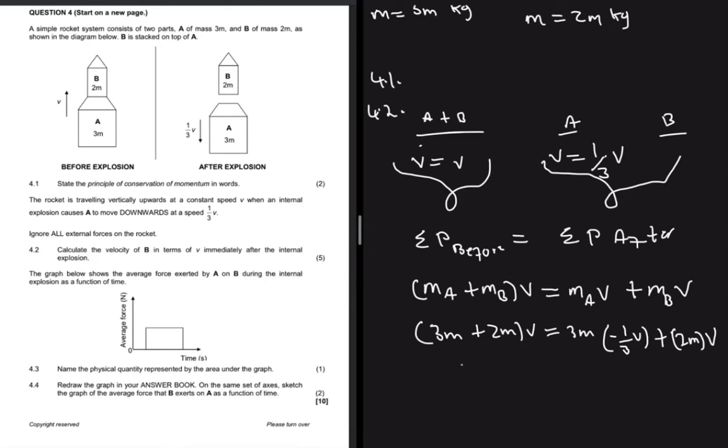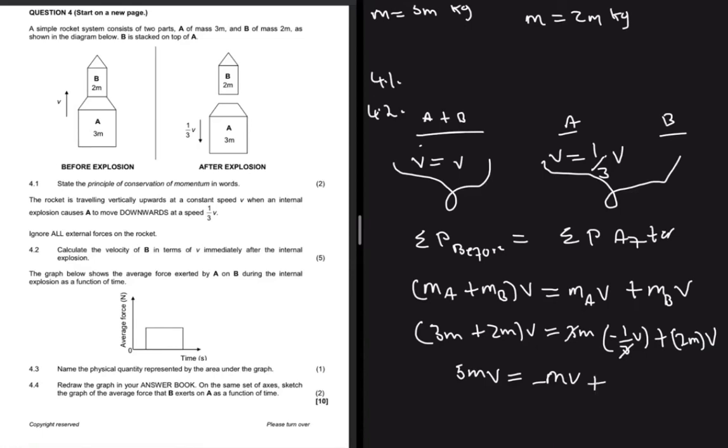So 3m plus 2m will give you 5m, then multiply by v, that's 5mv, right? That's our left hand side of the equation. Then 3m multiplied by minus 1 over 3v will give you minus 1mv, because the 3 on the denominator is going to cancel out with this 3.